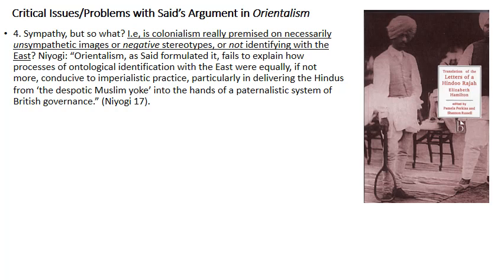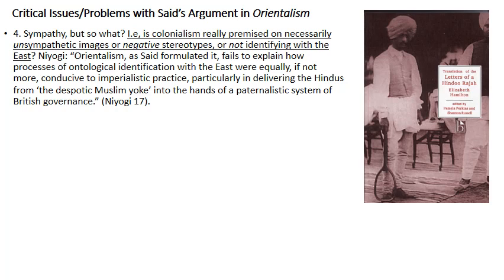Okay, moving on. Now we are going to talk about sympathy. Is colonialism really premised necessarily on unsympathetic images or negative stereotypes or not identifying with the East? Said is suggesting constantly that colonialism works by not sympathizing, by negatively stereotyping, not identifying.